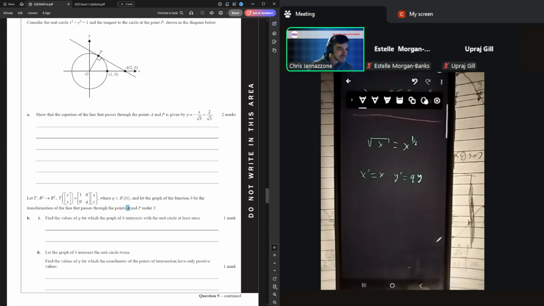It says the line through AP, which we found earlier. So before we even look at what's going on here, I'm going to start by getting the new equation of our line. From there, we can analyze it in a little bit more detail. Yeah, thank you. No worries.